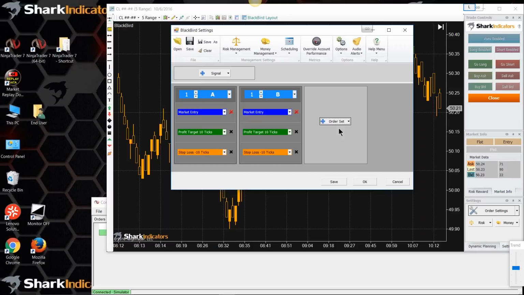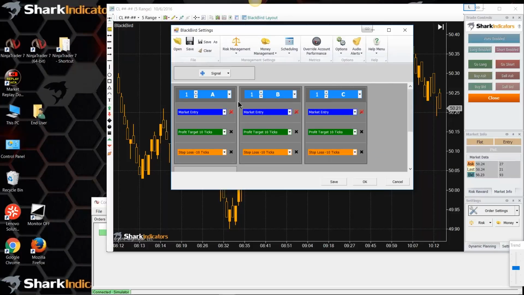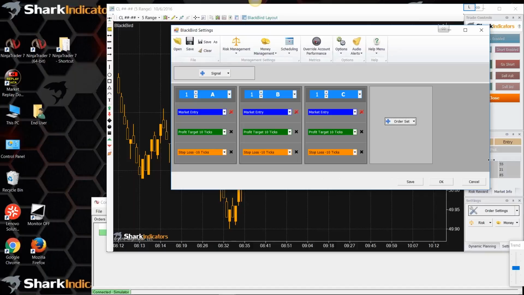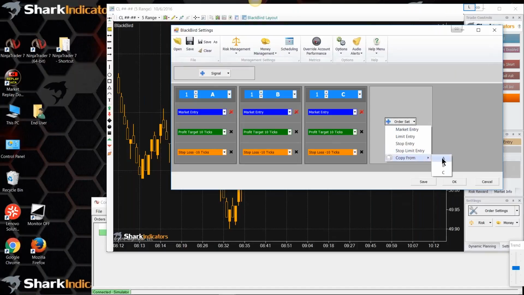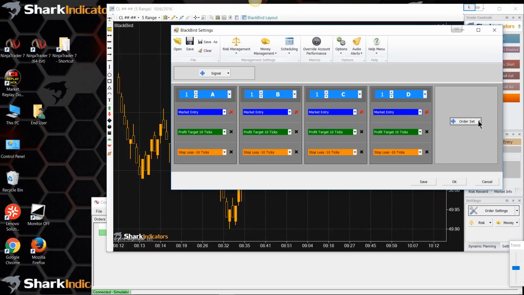Right, if you're familiar with using a NinjaTrader ATM, the ATMs allow you to do 3 order sets. So you can have A, B, and C with a NinjaTrader order set. With BlackBird, you can go beyond that. You can basically create as many order sets as you wish.